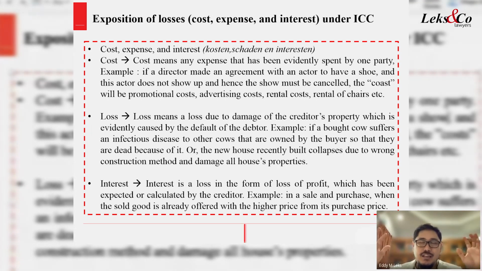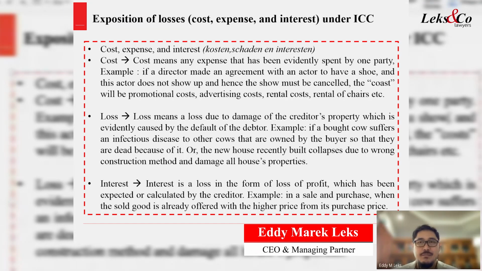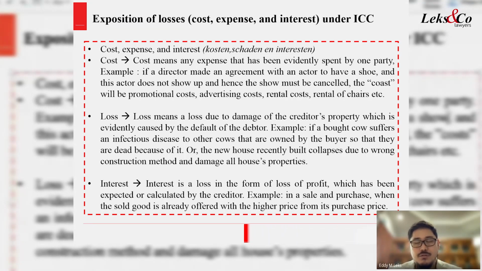But it also affected me, because what you do makes a direct consequence of my loss, other than cost, other than actual expenses. So in this case, we see that the new house is collapsing.